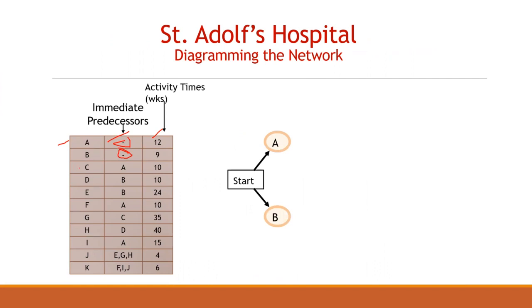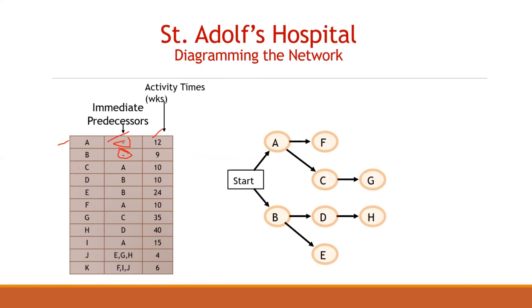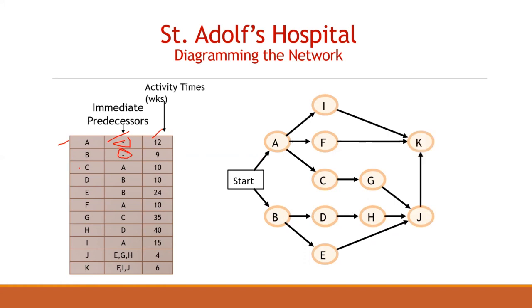Then C will be after A, D will be after B, E will be after B, F will be after A, G will be after C, H will be after D, I will be after A, J will be after E, G, H, and K after F, I, J, and then end. Okay, it's clear.